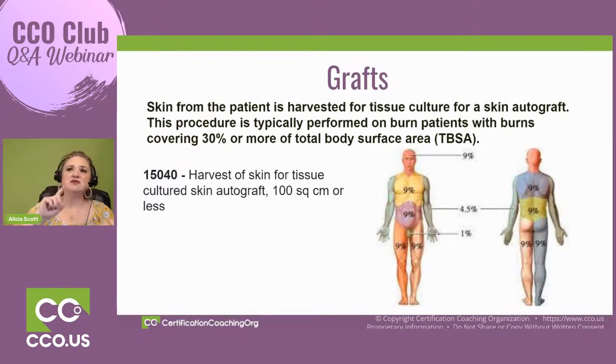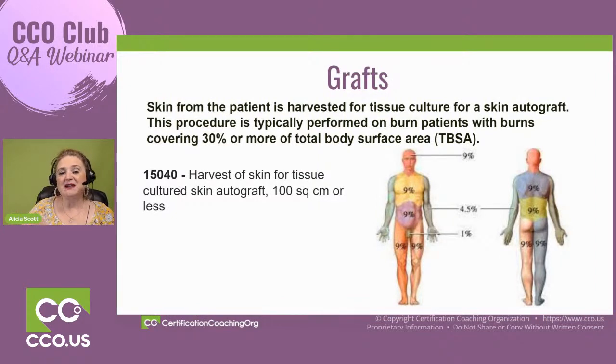So again, now we've talked about harvest, donor, autografts, allografts, xenografts, and sometimes grafts are done for people who are burn victims. That would be the number one thing that I think of when I think of somebody having a graft.